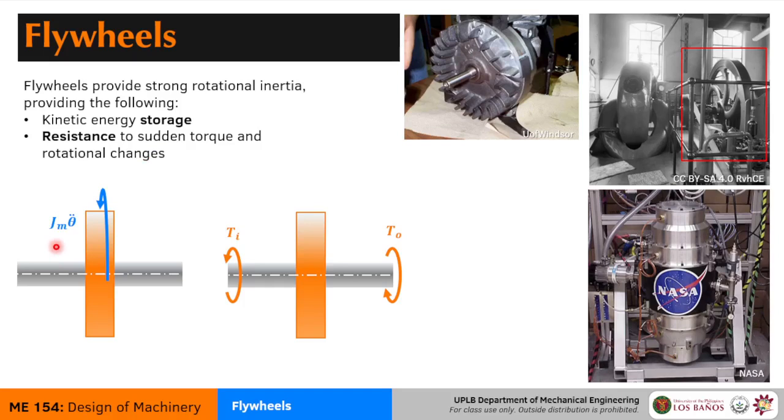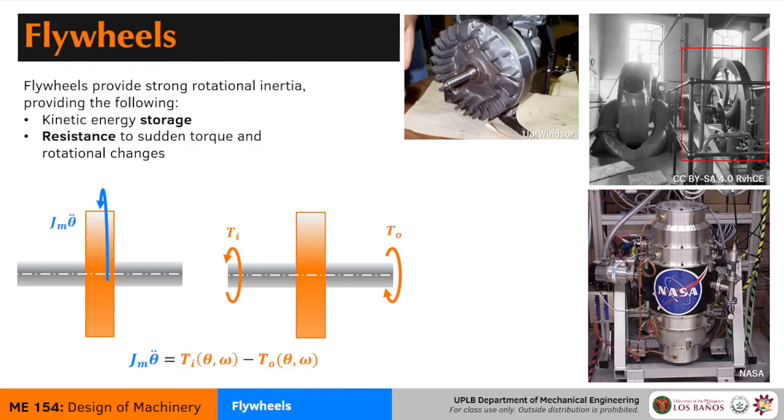This is similar to I times alpha, our mass inertia times angular acceleration, and it is equal to the torque that is being applied at the starting end of the shaft with the flywheel and the torque that is being exerted at the opposite end. So when you write out the equation of motion, this is what it looks like.